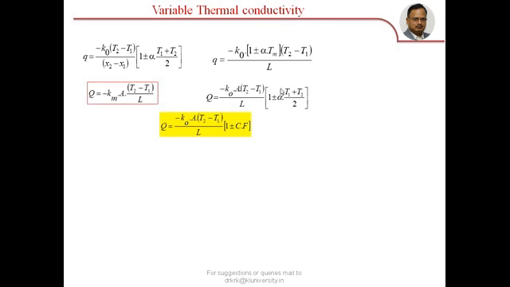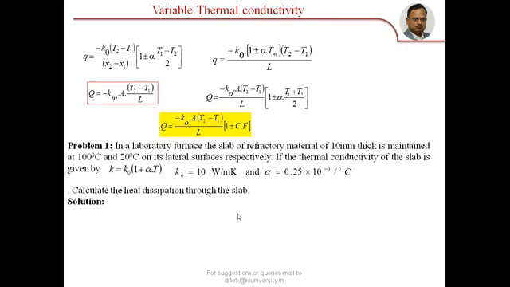So this alpha into T1 plus T2 by 2 is considered as a correction factor to compensate for variable thermal conductivity. 1 plus or minus correction factor. So Q equal to K naught A delta T by L into 1 plus correction factor. If alpha is 0, you are not considering any variation, the correction factor will become 0, and you will get the original equation. Now let us see a problem.